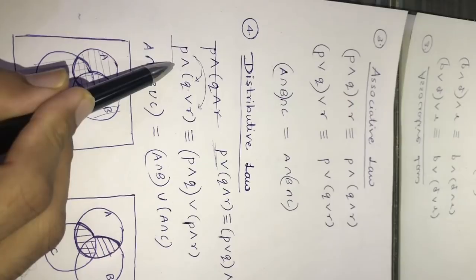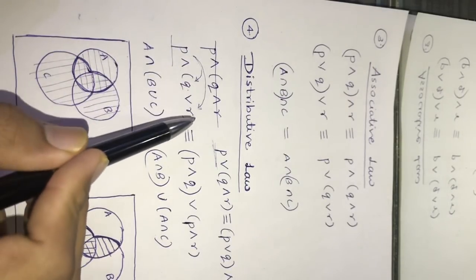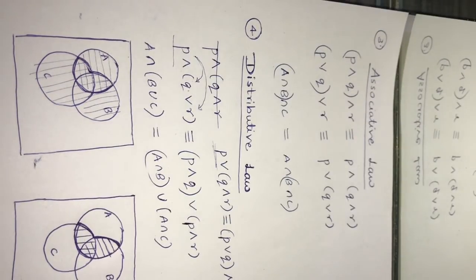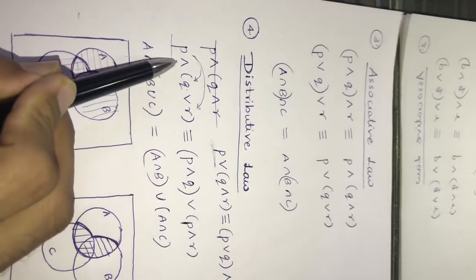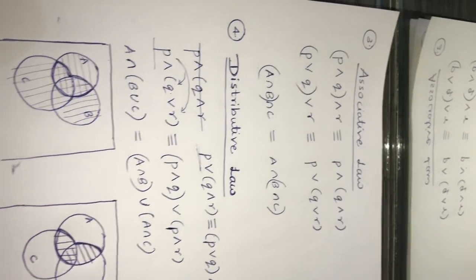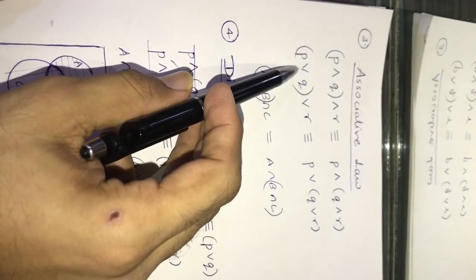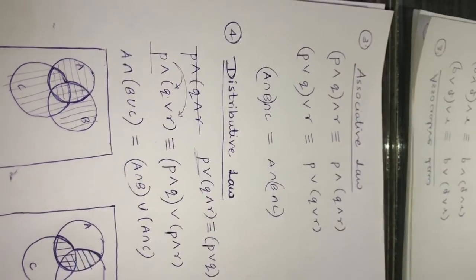So this is P and (Q or R), distributed inside, it becomes (P and Q) or (P and R). Okay. In distributive law, one more thing to remember is that both these are different, and or. And in associative law, if you remember, both these signs are the same, or and or, and and and.